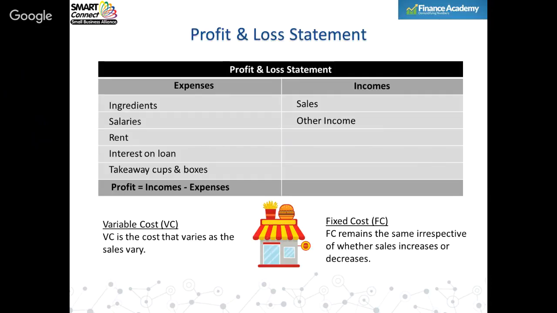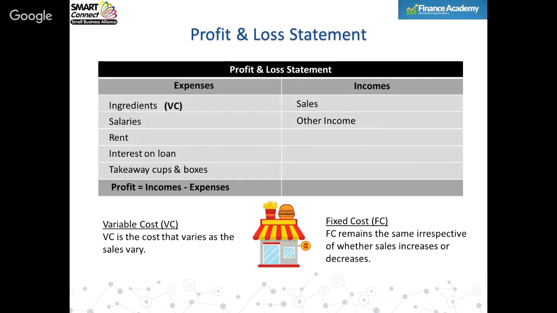Yes, all of you are getting it right. It is a variable cost, because whenever sales increase, in other words, if this shop is selling more burgers, definitely you need more ingredients to make that burger. So it varies along with sales. So ingredients is a variable cost.